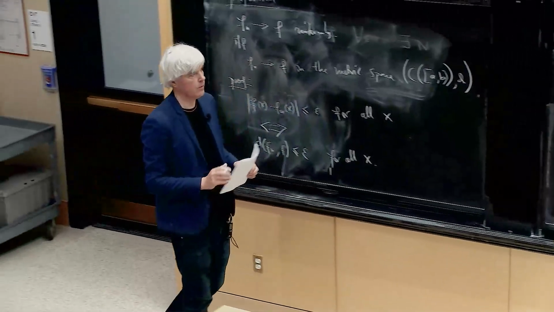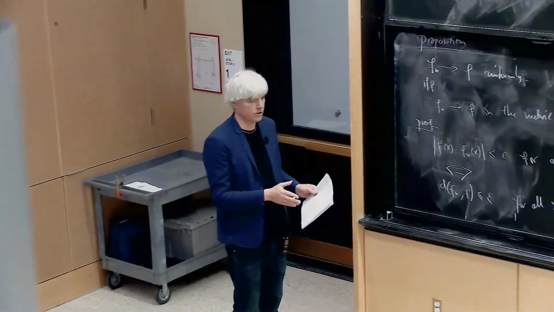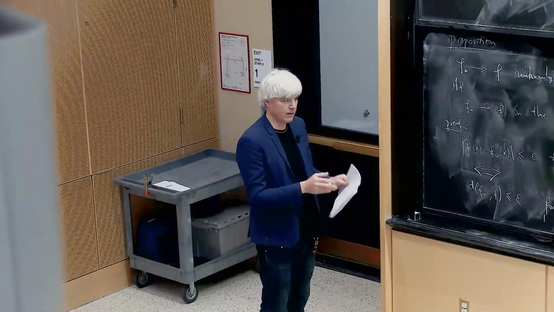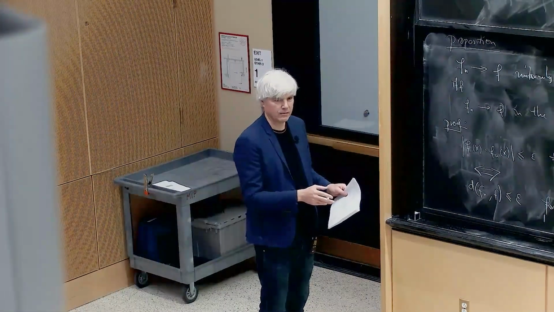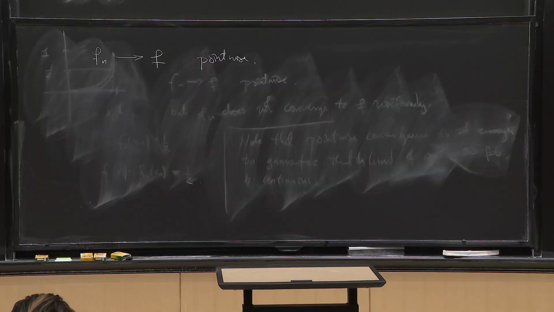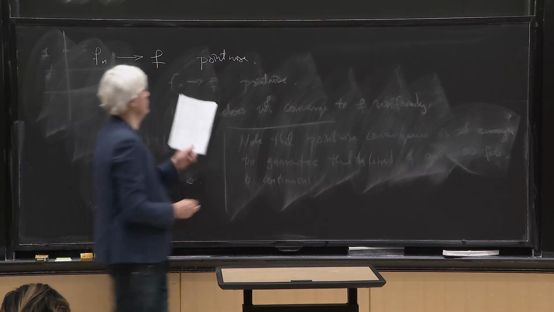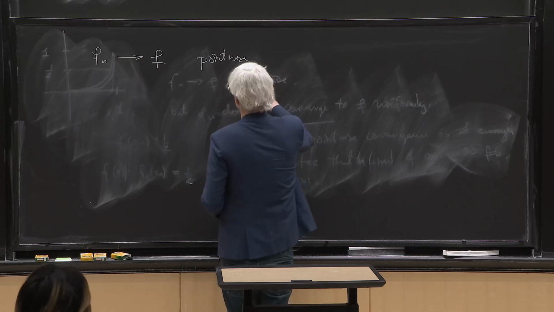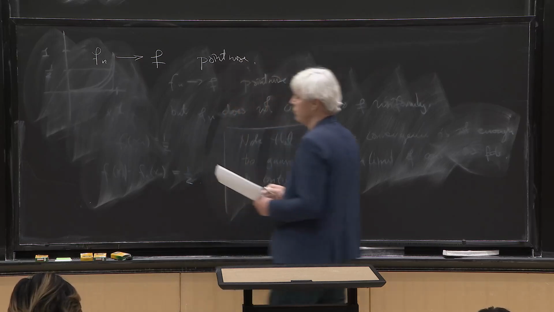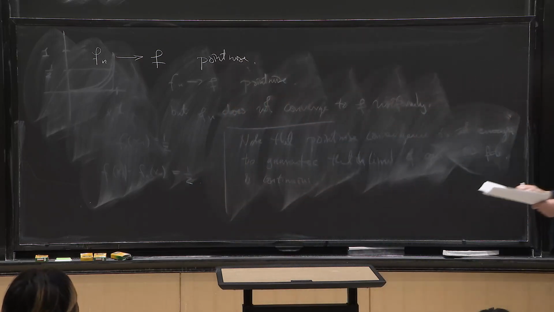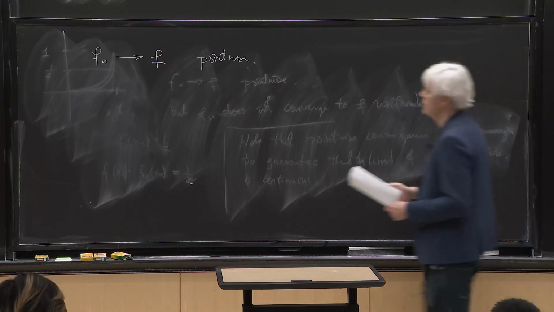This is just because it converged for each fixed x; f of x was defined as the limit of fn of x. So now we need to promote the convergence from pointwise to uniform convergence.